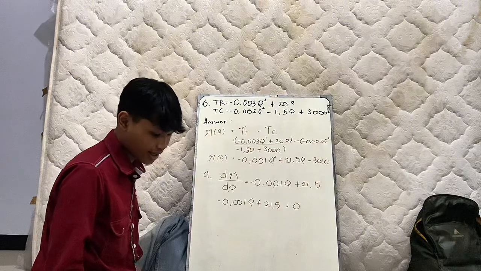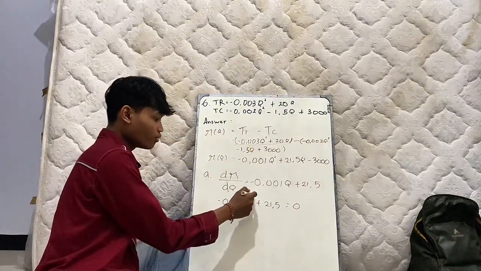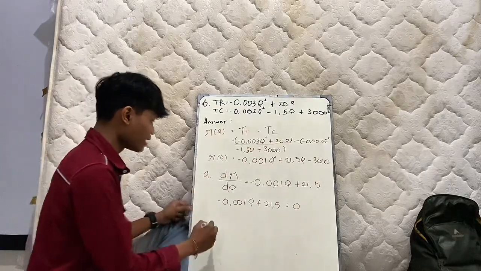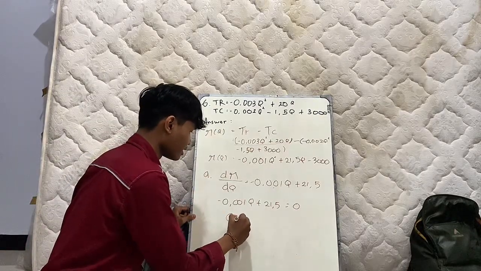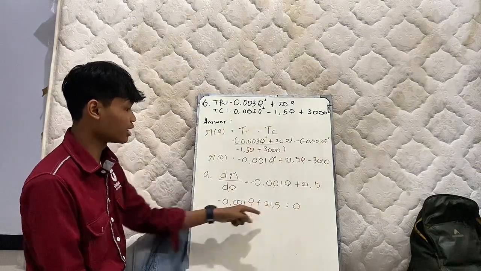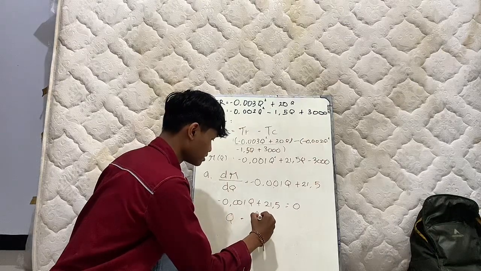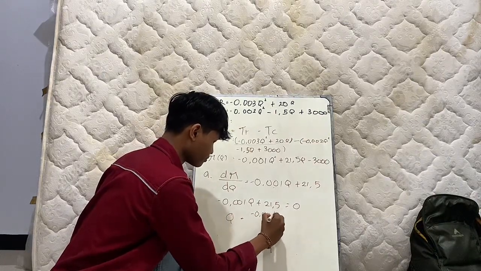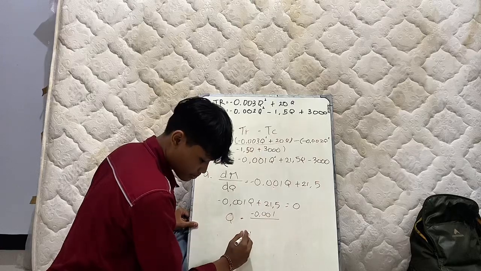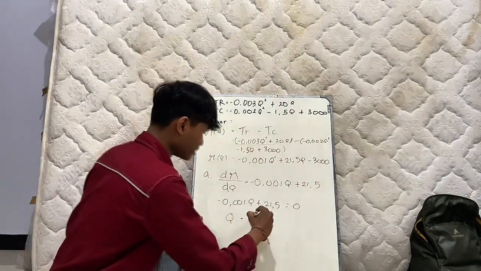Okay, next after this, we move the Q to the left side like this, and then divide like this. Oh, wrong. Like this.